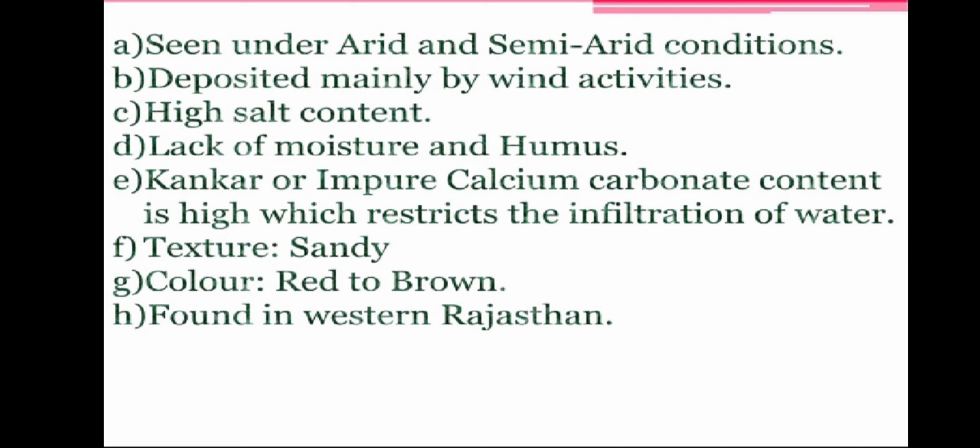The bottom layer of conker restricts the infiltration of water. After proper irrigation, these soils become cultivable, as has been the case in Western Rajasthan.